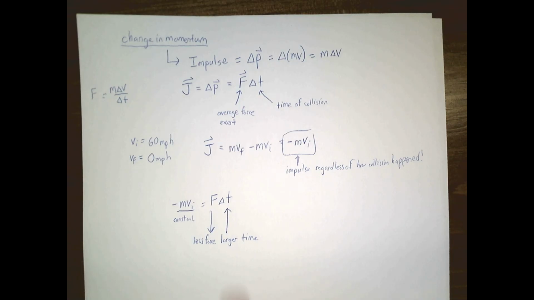And that's the key. The airbag provides a cushion, but what the cushion's really doing is it's increasing the time it takes to collide. For the same impulse, you're going from 60 to 0. That means that there necessarily must be less force exerted on the driver. And it still might be a lot of force, but it's certainly much less force than smacking right into the steering column. That cushion is good.